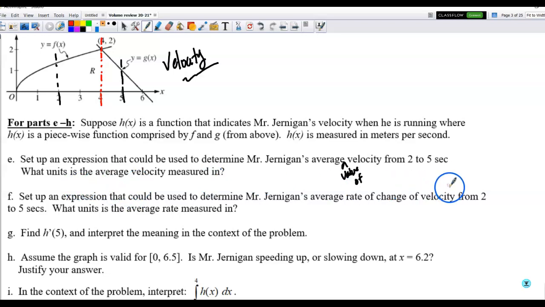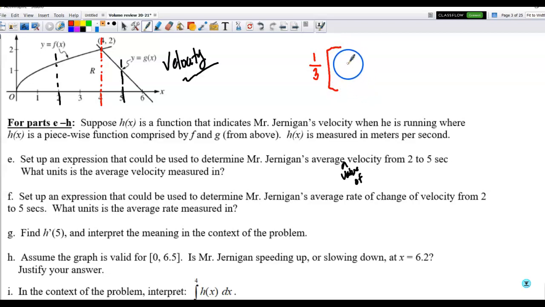Now we're going from 2 to 5, so it's going to be 1 over b minus a, so that would be 5 minus 2, so it's going to be 1/3 is going to be my overall divider. I'm dividing everything by 1/3, but then on the inside I'm going to have 2 separate integrals.